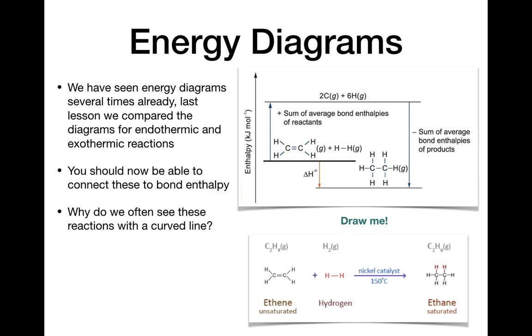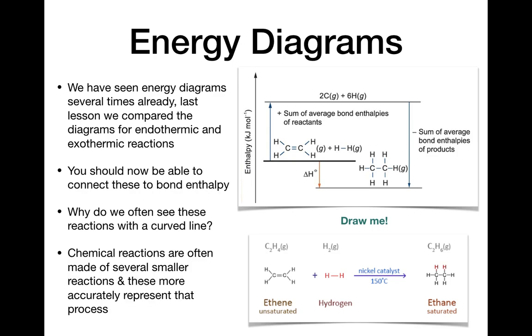So the curved line we often see is because chemical reactions often aren't just a single step. The reaction being summarized in this diagram is shown here. Ethene plus hydrogen gas, in the presence of a nickel catalyst at 150 degrees Celsius, will become ethane. But this process, like many other chemical reactions, needs many small steps.